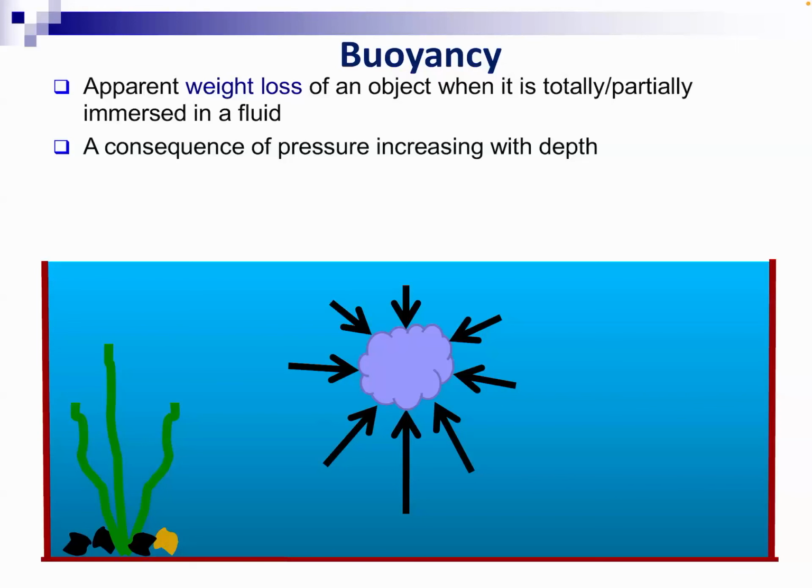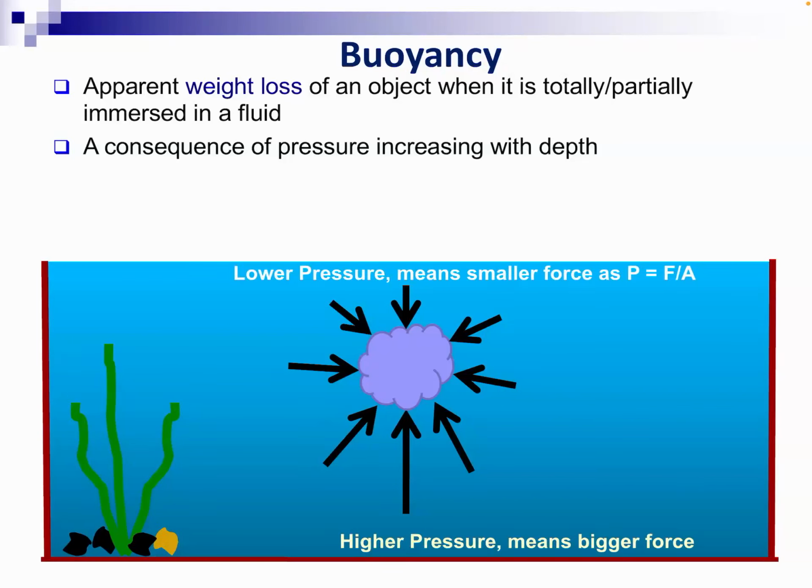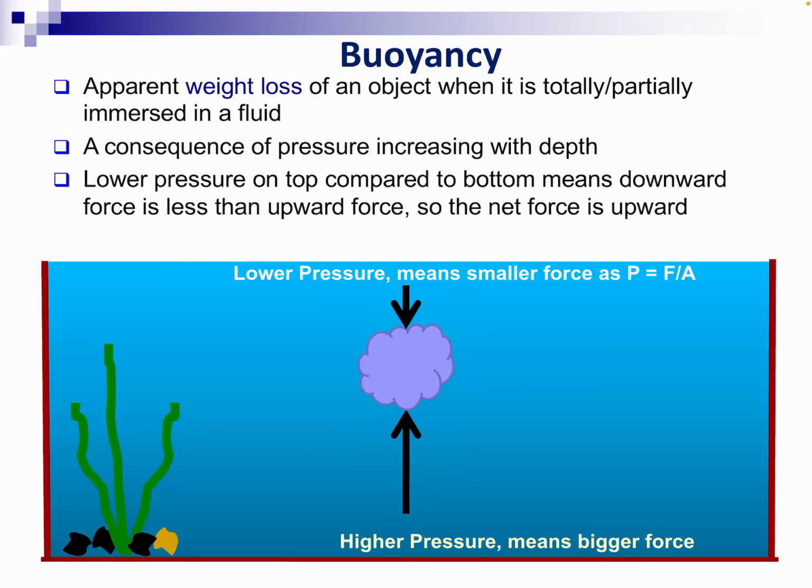But we've learned that the pressure will change with depth. The deeper you go, the higher the pressure will be. So at the bottom, you have a higher pressure, and above the object, you have a lower pressure. And we learned that pressure is equal to force over area. So that means that above the object, there will be a smaller force compared to that below the object.